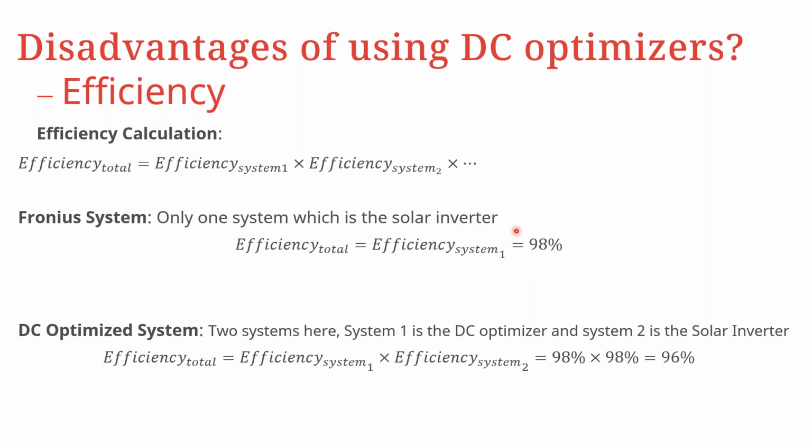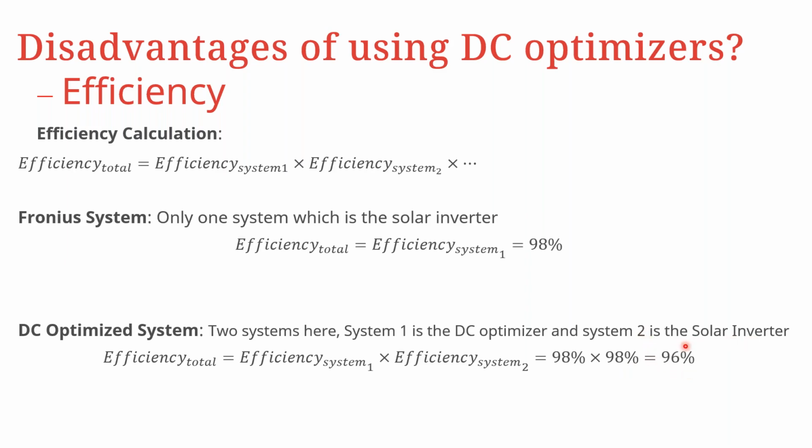For a DC optimized system, if you have, for instance, two DC optimizers, each is operating at an efficiency of about 98%. If you multiply 98% by another 98%, the overall efficiency actually reduces to 96%.